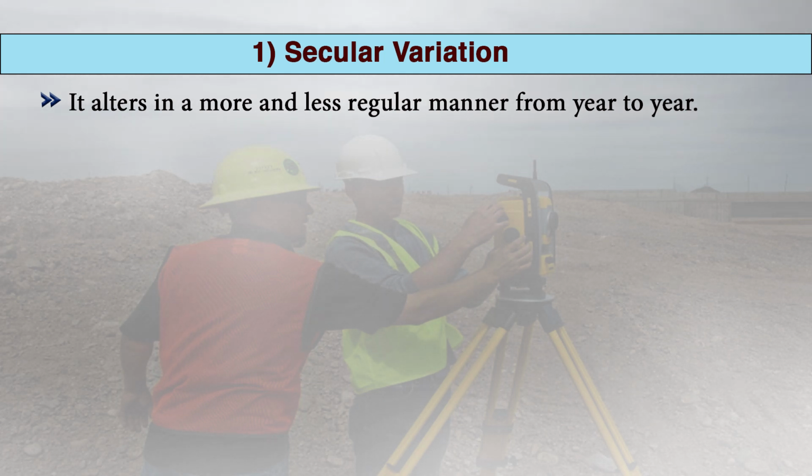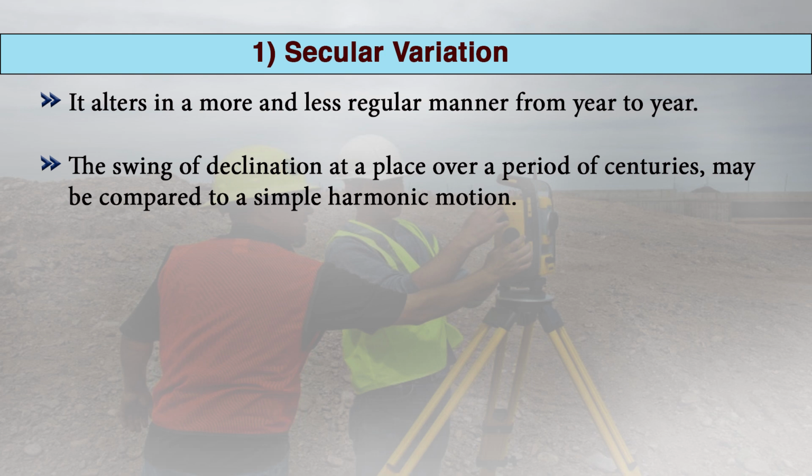Due to this magnitude, secular variation is most important for land surveyors. It appears to be periodic in character and follows a sine curve. The swing of declination at a place over a period of centuries may be compared to a simple harmonic motion.